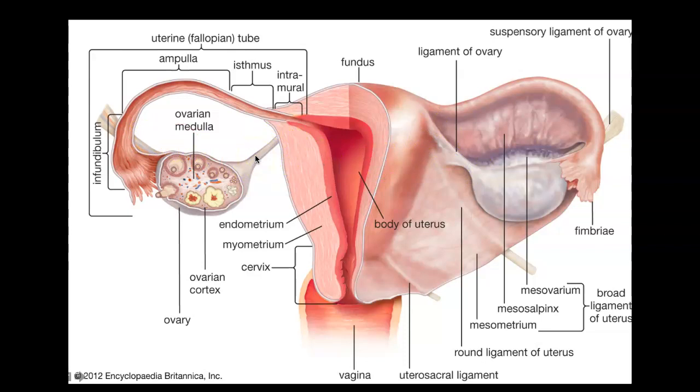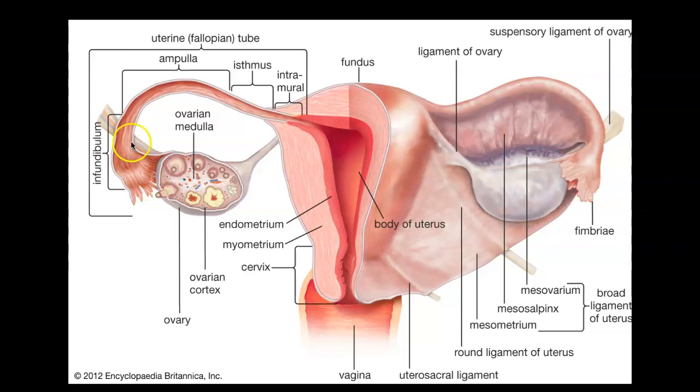The fimbriae are these little finger-like projections that are coming off the fallopian tube. We've got lots of names relative to the fallopian tube. So the actual finger-like projections are the fimbriae, and the infundibulum is this last section that's feeding into the fimbriae, that's going to capture that ovulated egg.